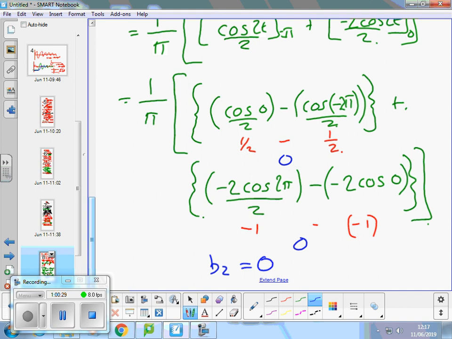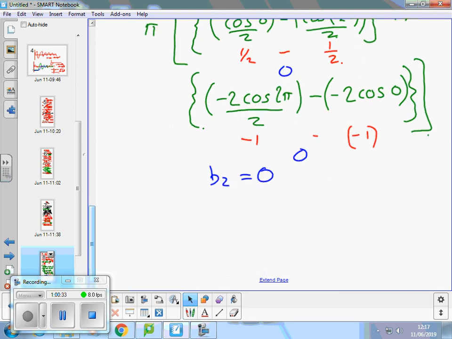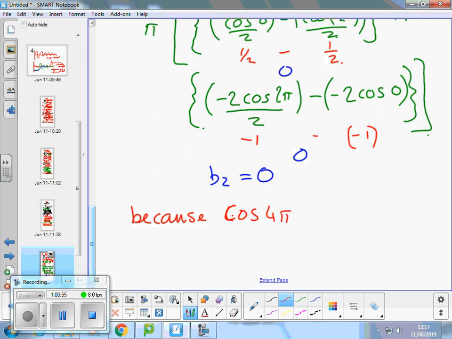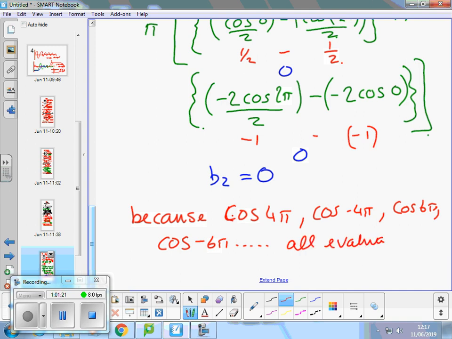B2 equals 0. Yep. Again, we can say that because cos 4 pi, cos minus 4 pi, cos 6 pi, cos minus 6 pi, and so on, all evaluate to 1.